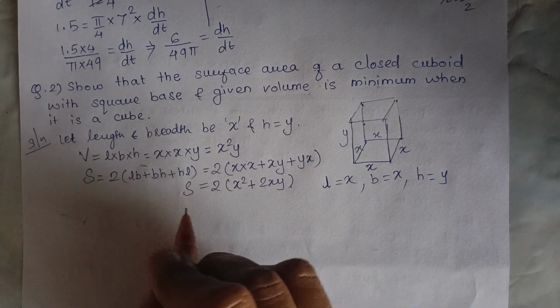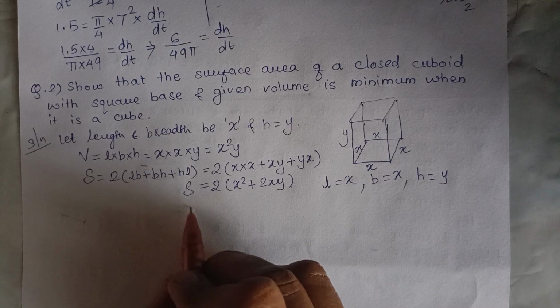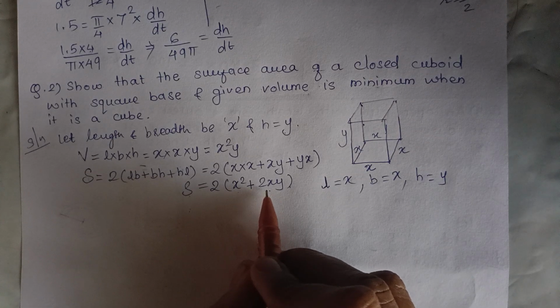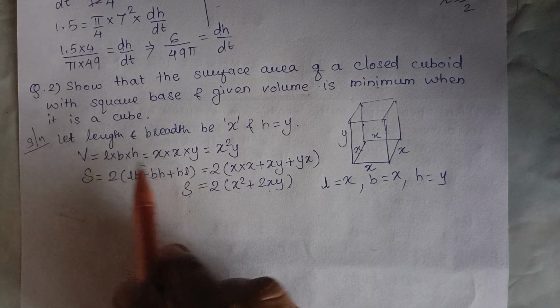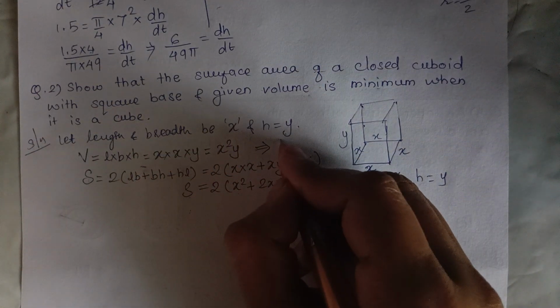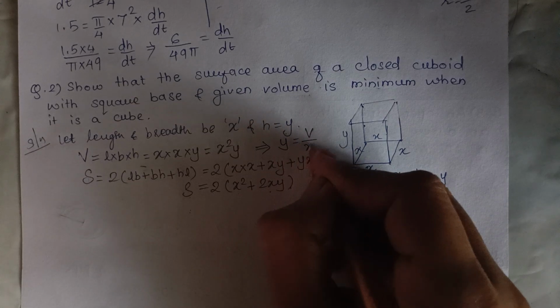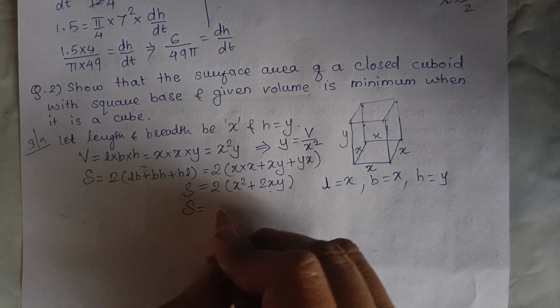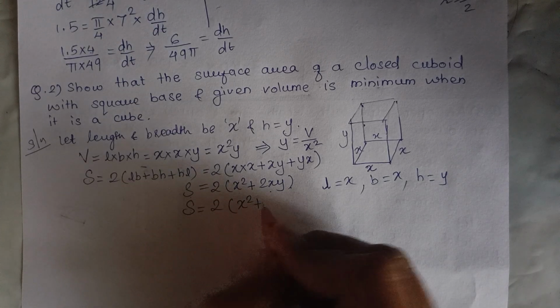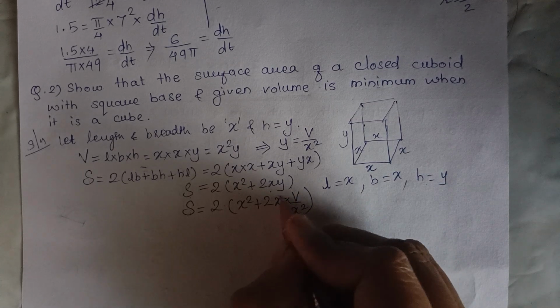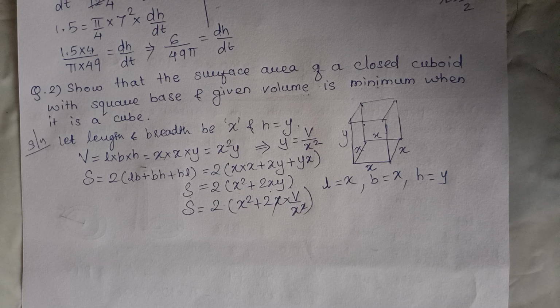To find the rate of change of surface area, we want only one variable. So one of the variables you can convert using volume. y, I can write it as V upon x square. So I can substitute here y. V is constant. So this becomes V by x.